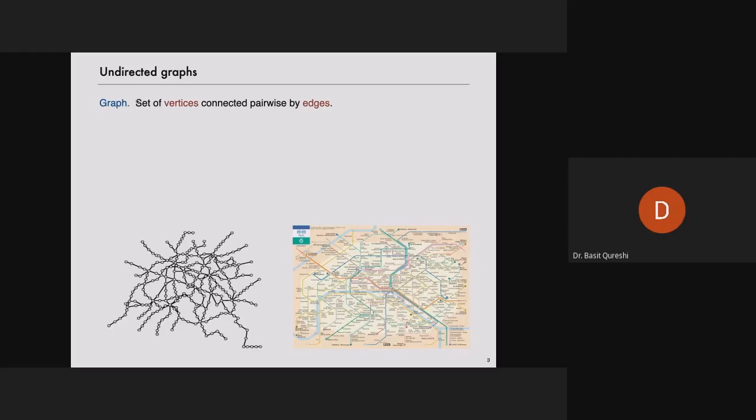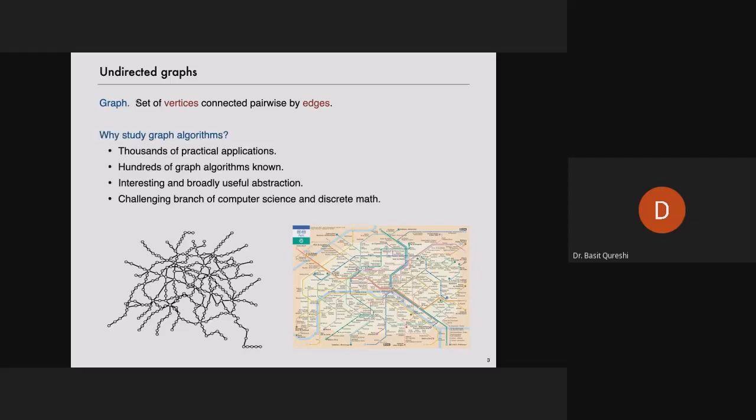On the left side what you see is also a graph structure. So you can see that there are circles which are connected by lines. We're going to have a look at formal definitions for this in the next few slides. So remember one thing, the circles are called vertices. One circle is called a vertex.